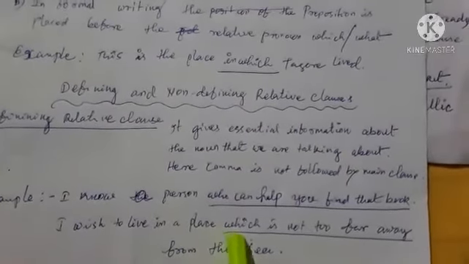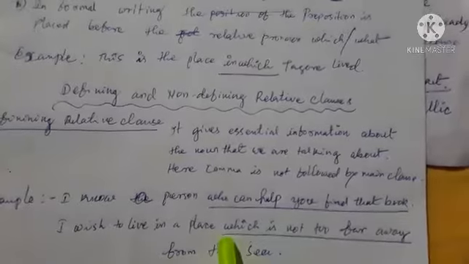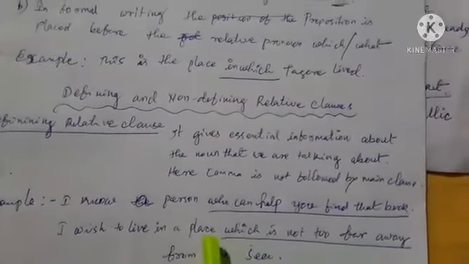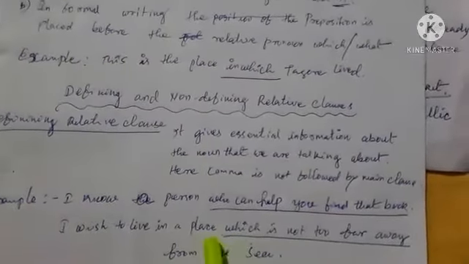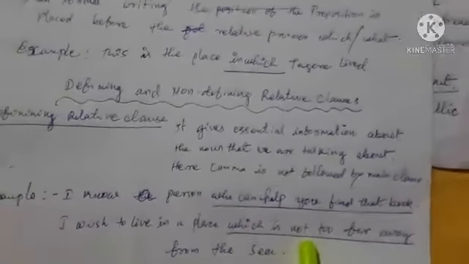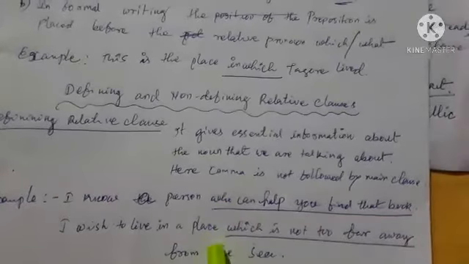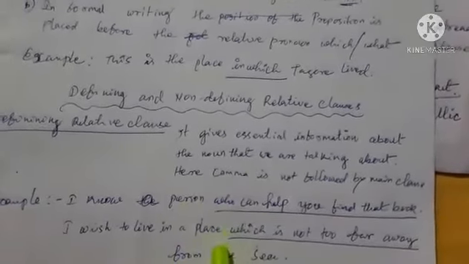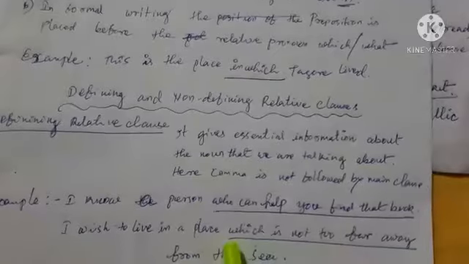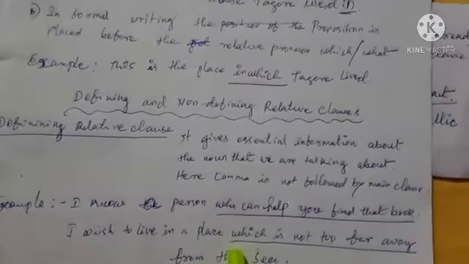Okay, the information which is given is about a place and it is not very far away. There are so many places, but the place where I wish to live is a particular place.